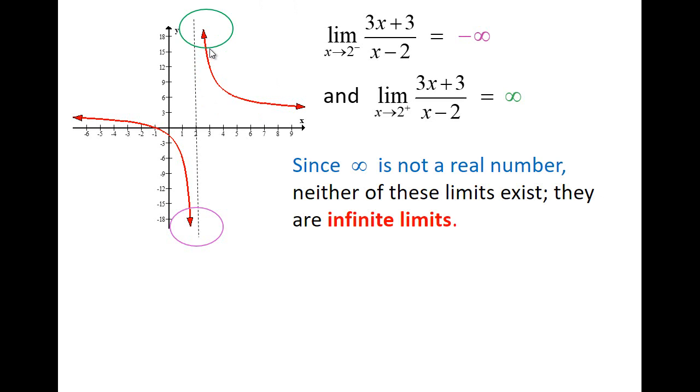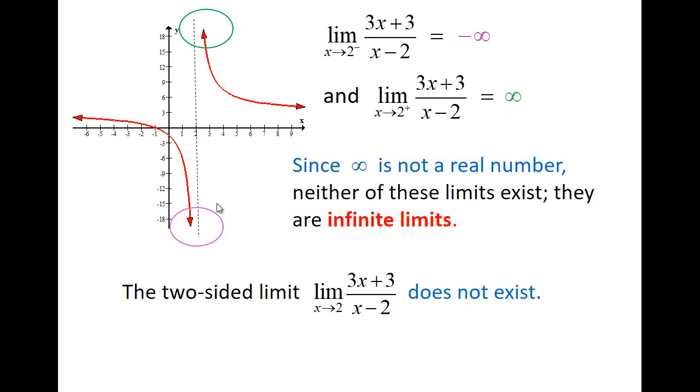So even though these limits don't exist as numbers, this information is still helpful in understanding the behavior of the function near the number 2. So once again, the two-sided limit as x goes to 2 of 3x plus 3 over x minus 2 doesn't exist.